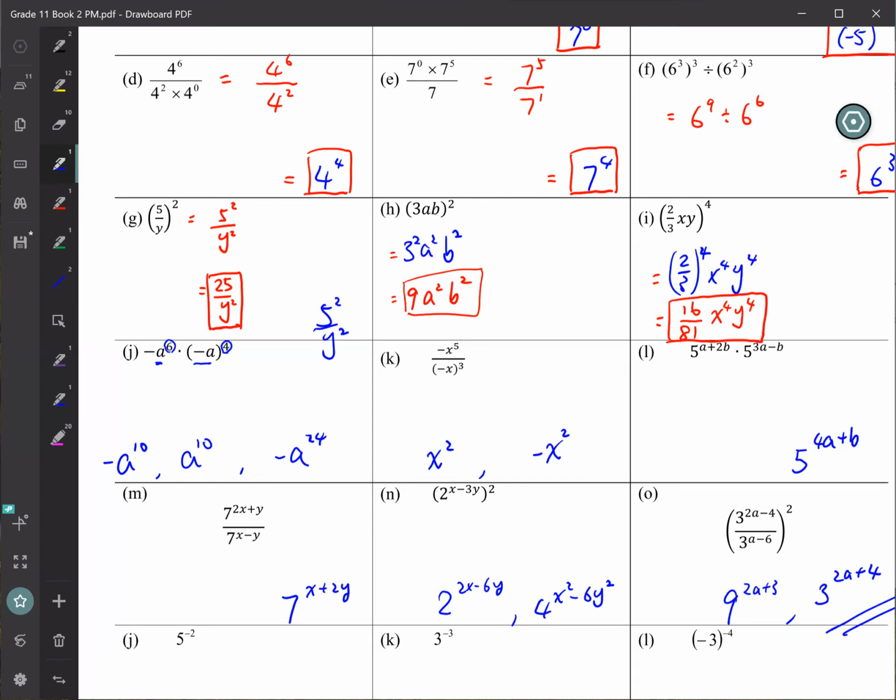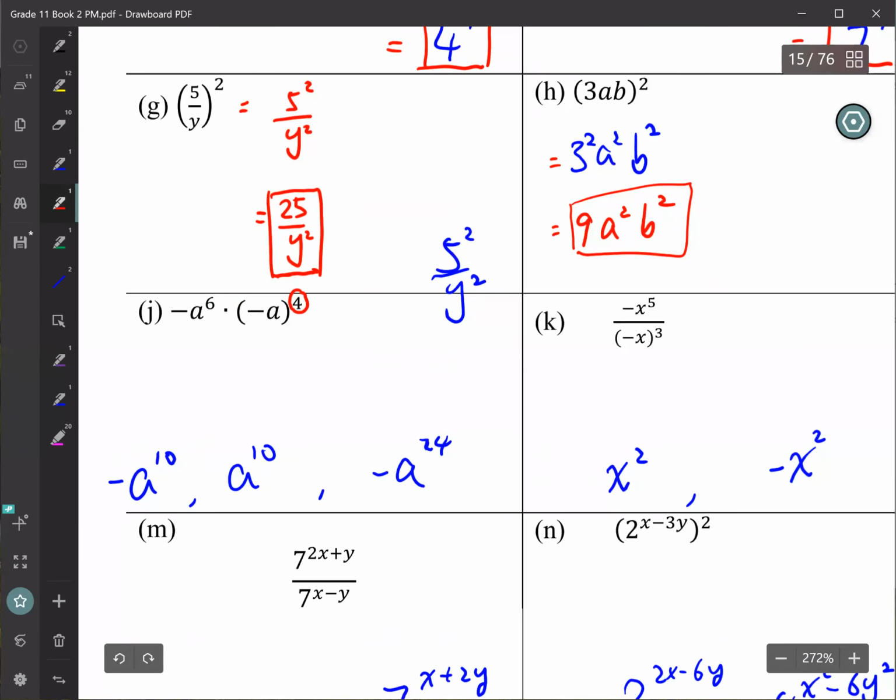So what you need to do is focus on the second part first. The exponent of 4, you can bring it in using the same exponent, sharing the exponent. I'll keep the first part the same for now.